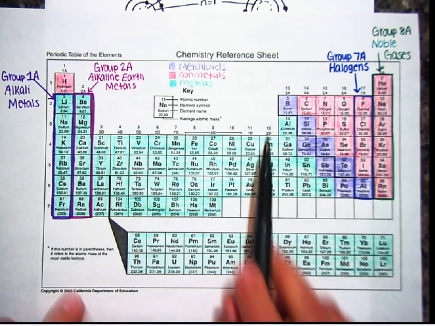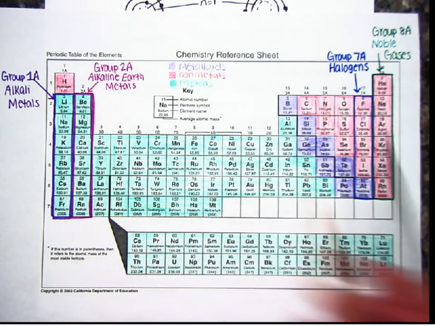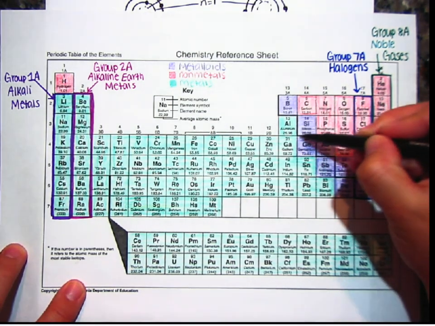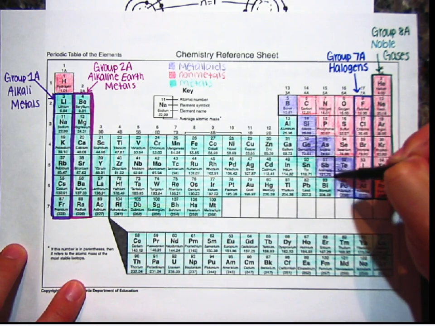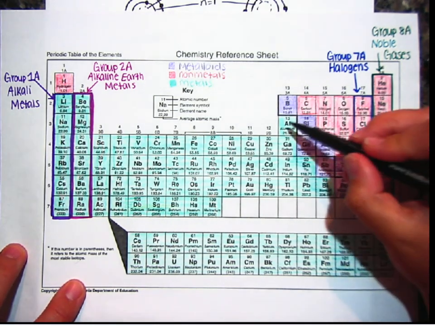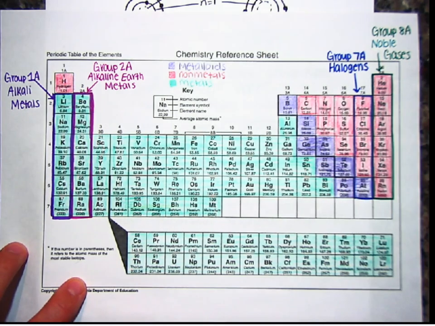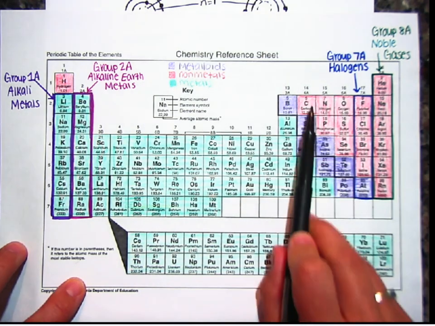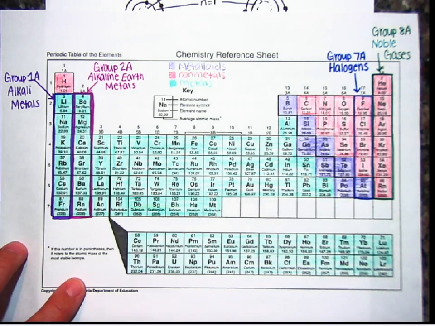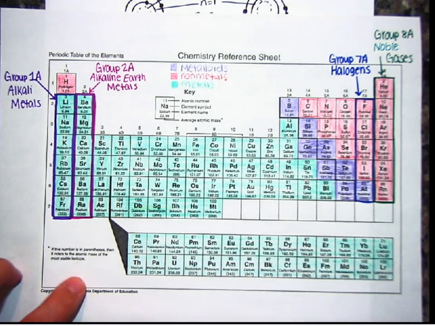Metalloids are the elements that touch what we call the staircase. So if you look on your periodic table, we have this darkened line that kind of looks like a staircase going down. Every element that touches the staircase except for aluminum is considered a metalloid. Everything to the right of the metalloids plus hydrogen is considered a non-metal.